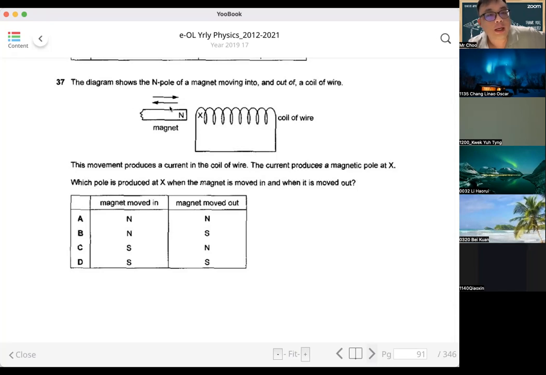When you're moving in and moving out, it should induce a different pole down here. Okay, Oscar, well done. Ryan, well done.